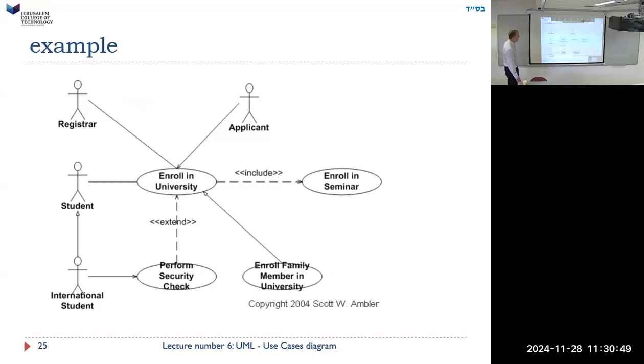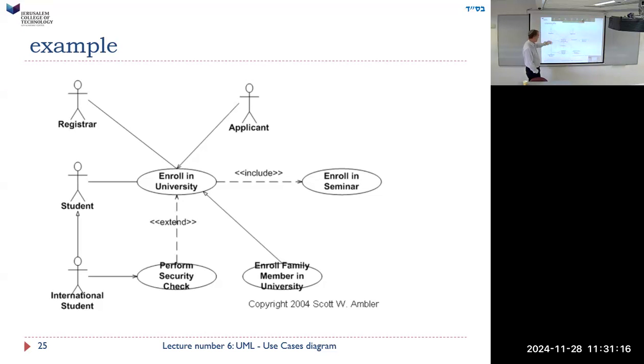Okay, so here's an example. The registrar and the applicant both deal with enroll in university. You see that in this example, enroll in university is very general because the registrar doesn't enroll, but she maybe verifies the information that the applicant gave, but it really could be almost a different use case.